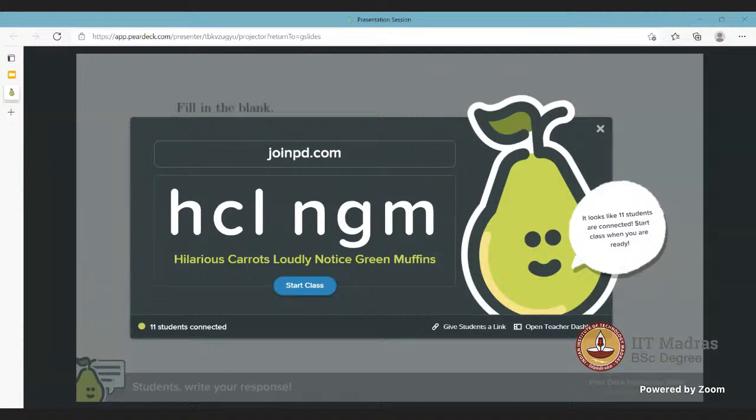We'll write like ABC, right? Answer will be ABC. You have to enter the correct text option. Only 12 students, 13.